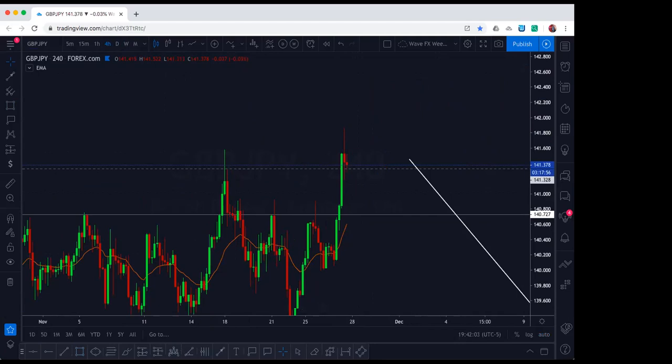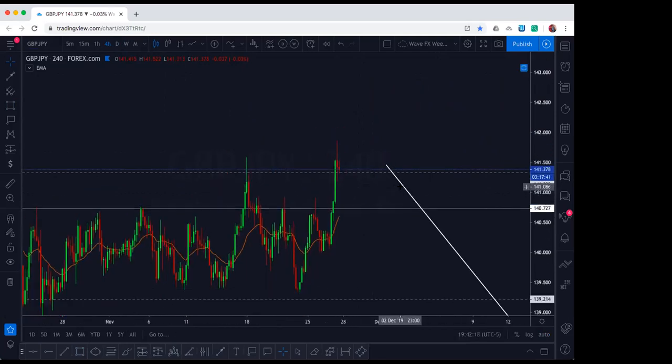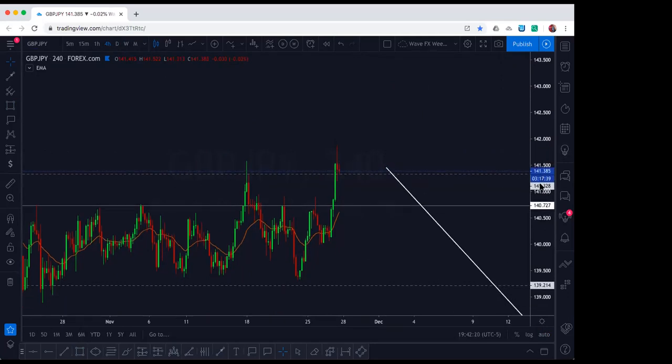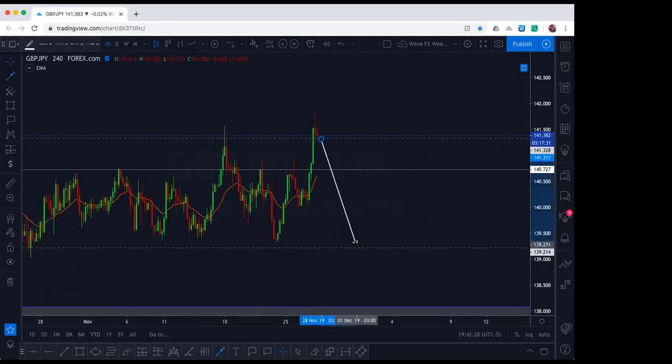This move in itself, we could very well see some more plays to the upside before the market pushes down lower. But like I said, in order for me to give you any detail, I can't really give out a level to look at without going directly into my overall strategy.